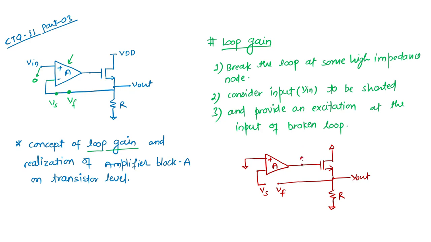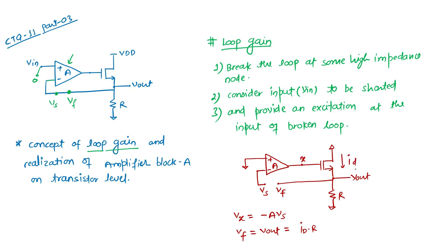Now we are in the open loop configuration. We can simply write Vx is, this is negative, minus A times Vs, and then what is this? Vf. Vf is nothing but Vout, which is equal to what? Simple, ID times R. And what is the ID?